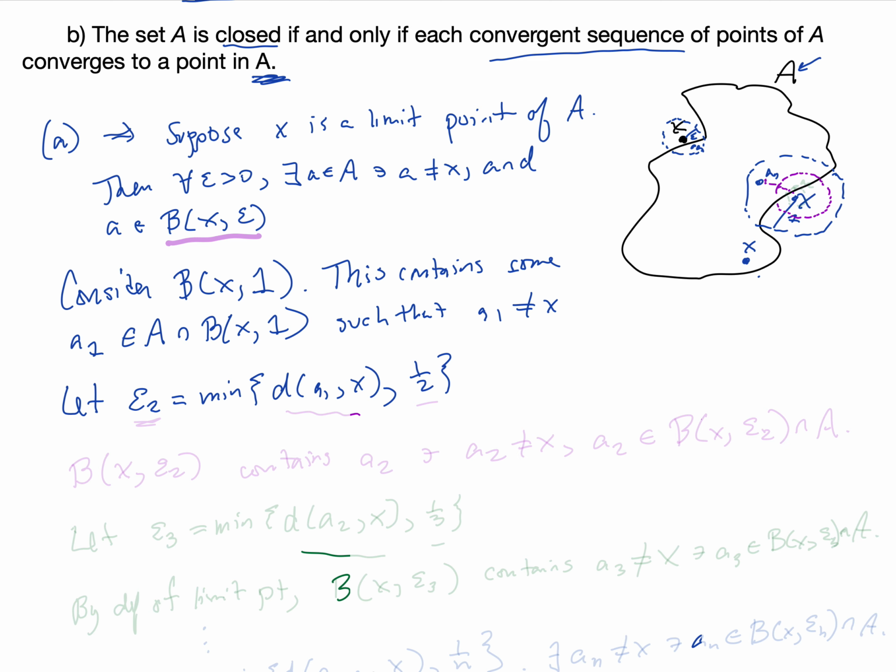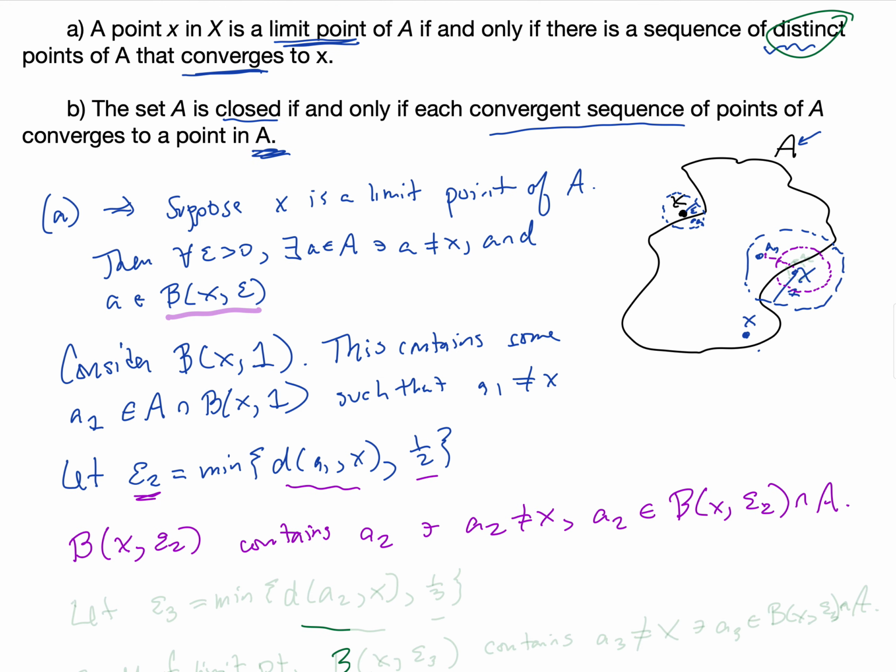Whatever the minimum of those two values is, that is our new epsilon 2. And now again, by definition of limit point, the ball centered at X of radius epsilon 2 contains some point A2 such that A2 is not equal to X, and A2 is in this ball centered at X of radius epsilon 2, and it's also in A. So that's A2. And this is how we're constructing our sequence.